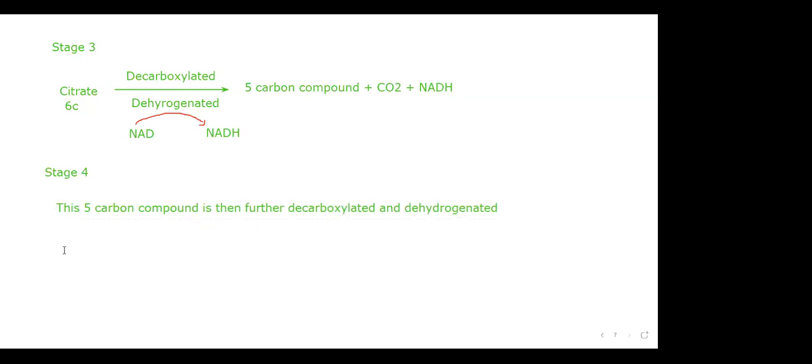So now there is how many carbon? 5 carbon. The 5-carbon compound is converted to what? Converted to a 4-carbon compound.